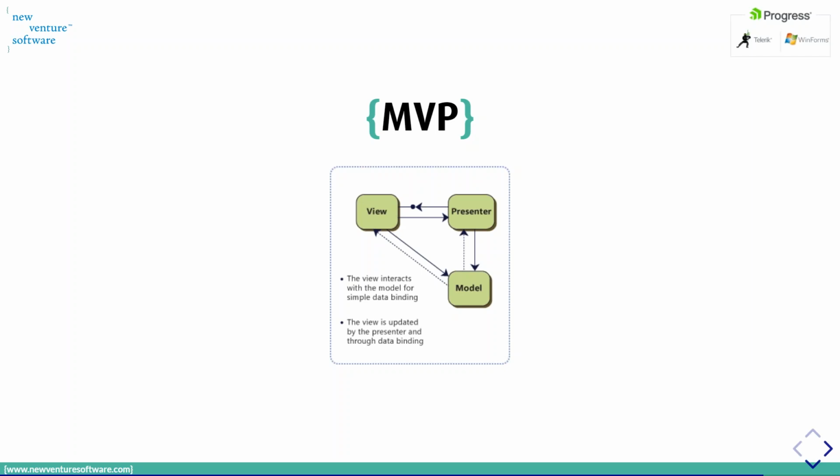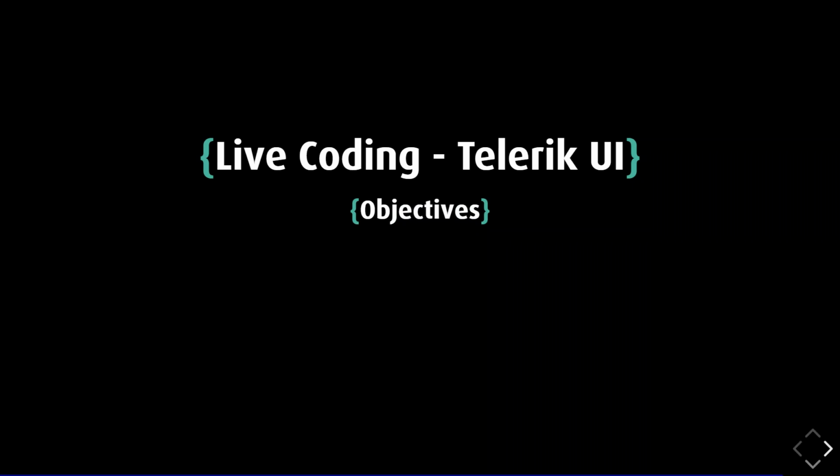Let's see that in practice, and let's create a project that visualizes data with the grid view. But for this demo, I will use data that is not obtained the classical way of using adapters and data tables and stuff like that.